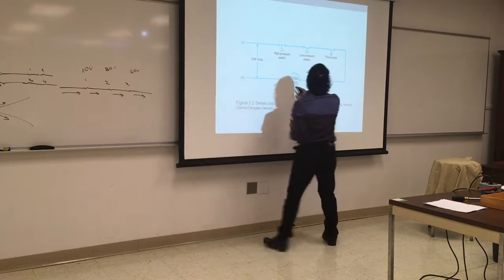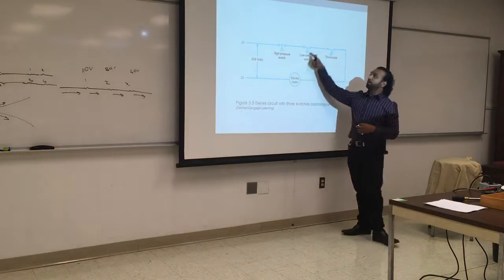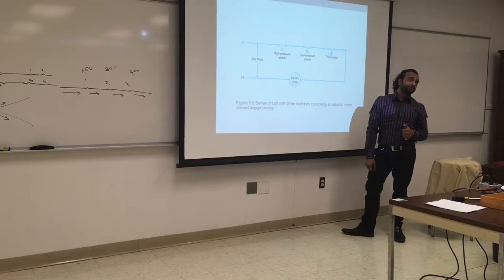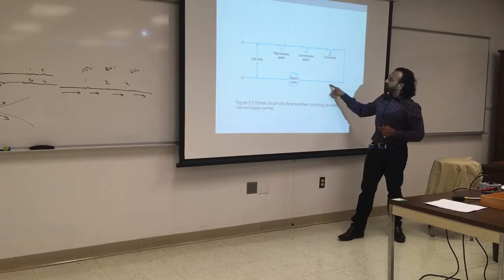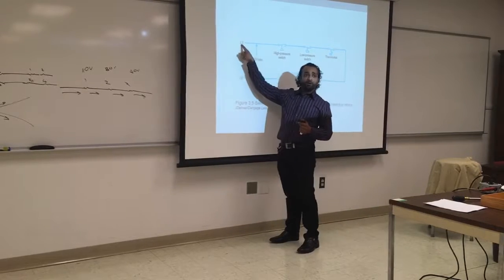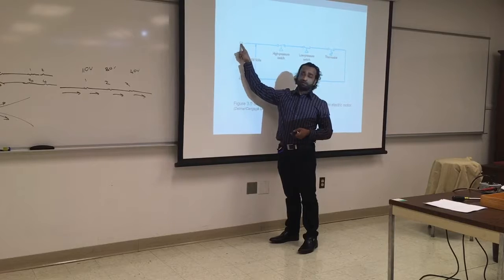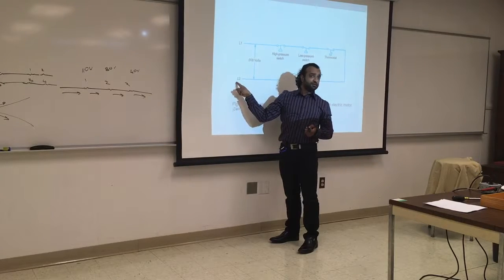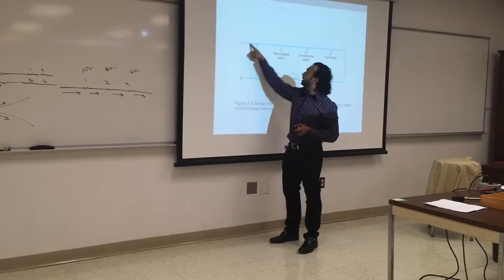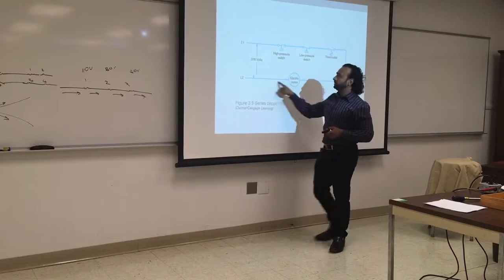What about this motor, is it in series or in parallel with these? Series. The motor is in series. Why? It's the same path. Follow the path. What is L1? Hot wire, power. L2? Common, neutral. So it's going to go all the way around and come back here.